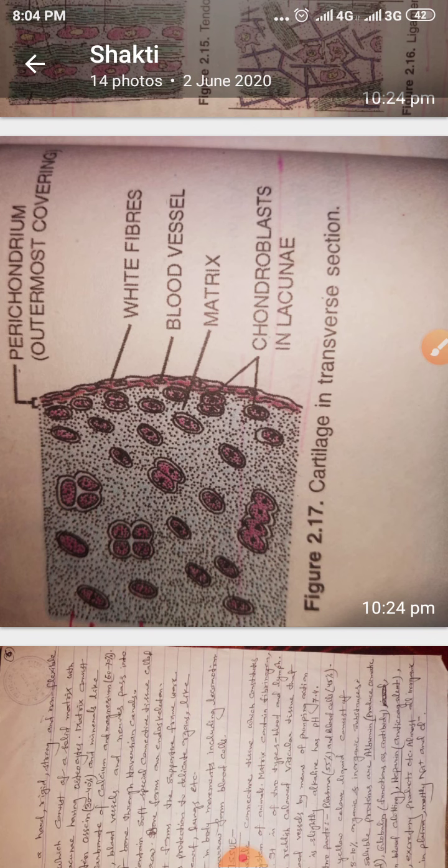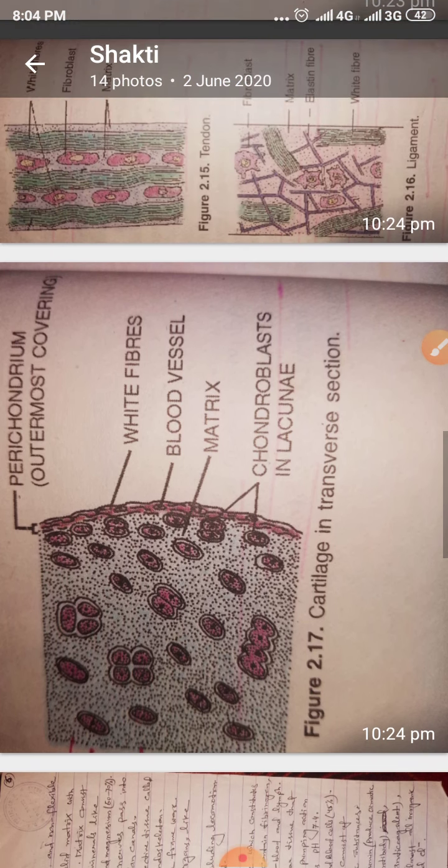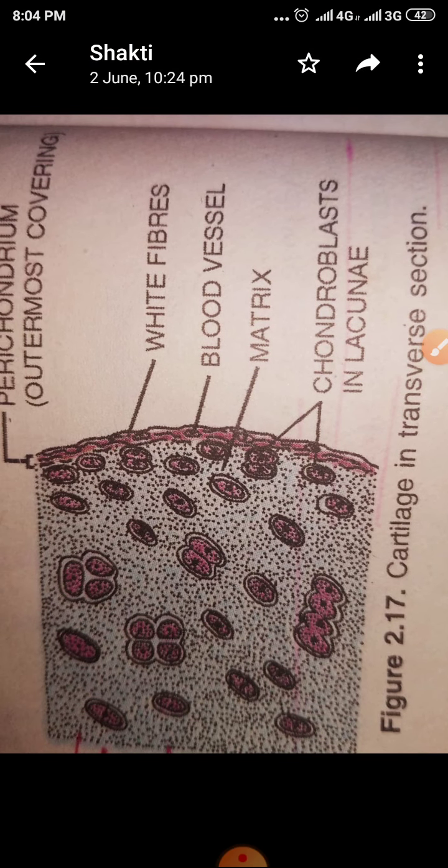At first, we observe cartilage. In cartilage you find so many cells, and the matrix is semi-solid, just like paste.